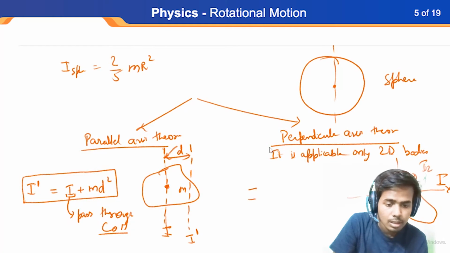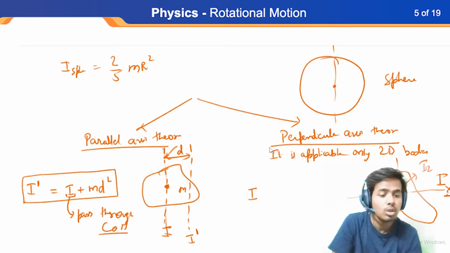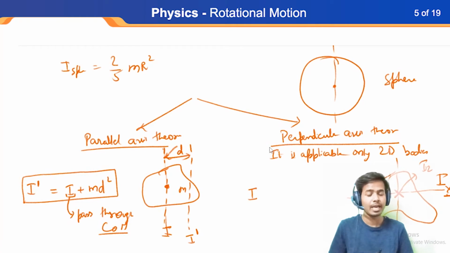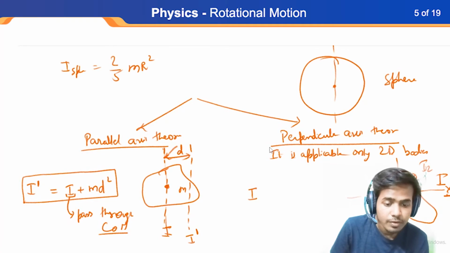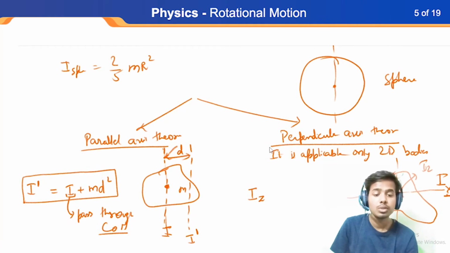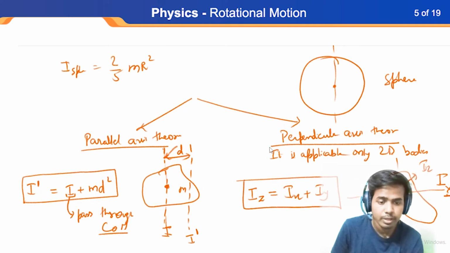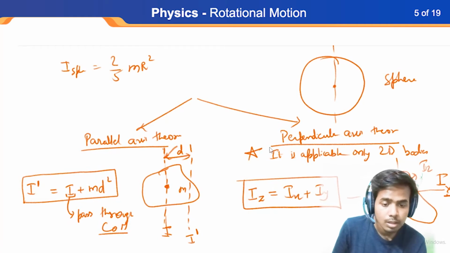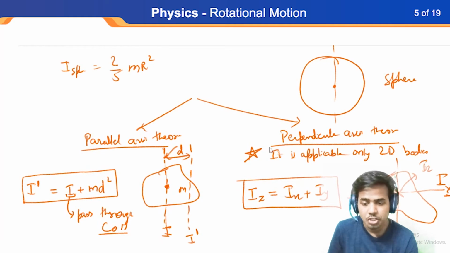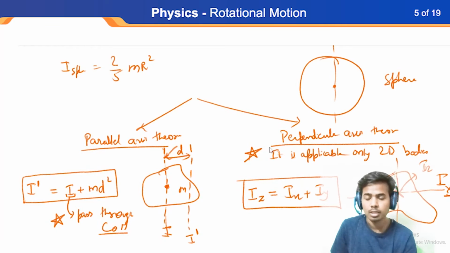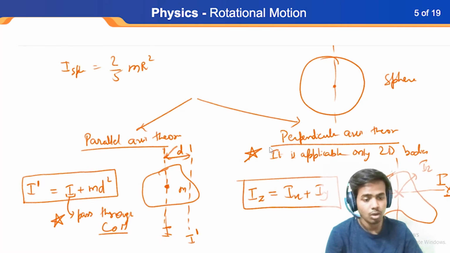Since the whole planar body is in the xy plane, the moment of inertia perpendicular to the plane of the body should be equal to Ix plus Iy. This is the perpendicular axis theorem, and of course you have to remember the restrictions, which are most important, otherwise you will apply the wrong theorem in the wrong place.